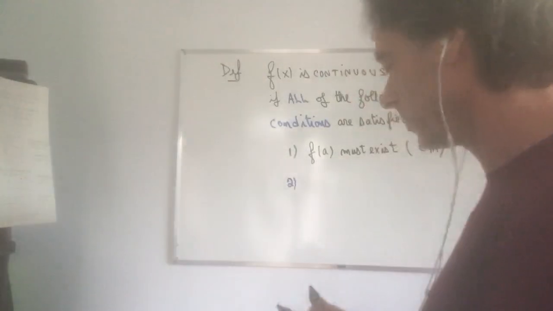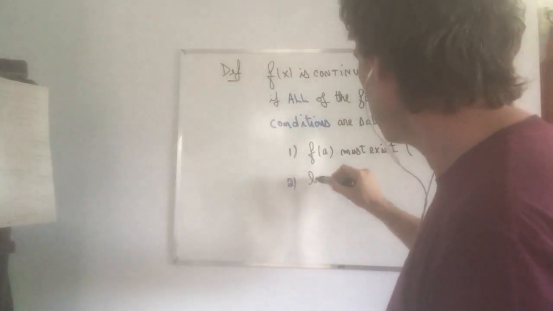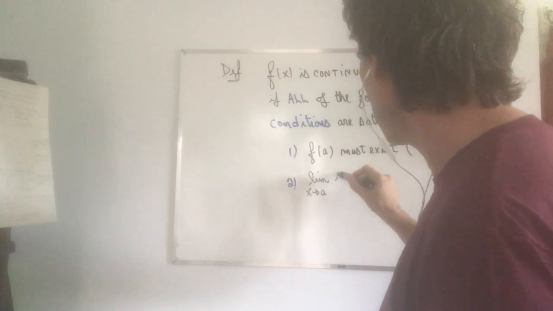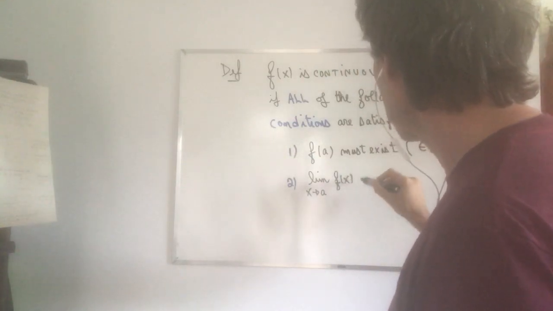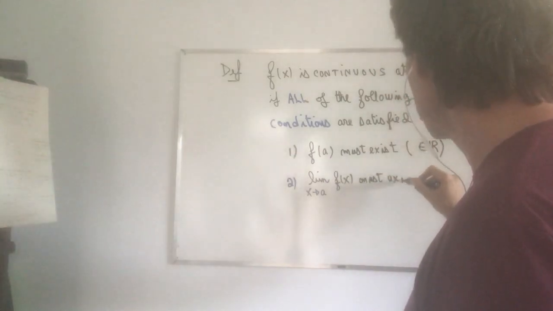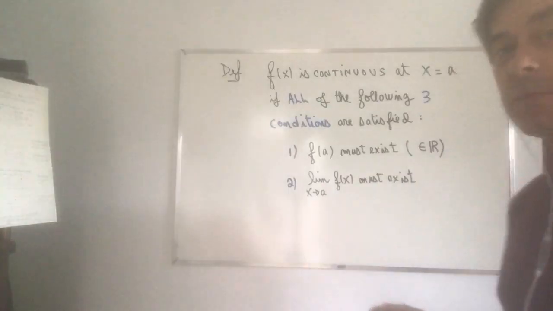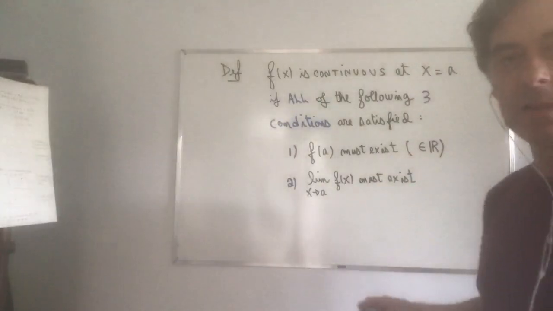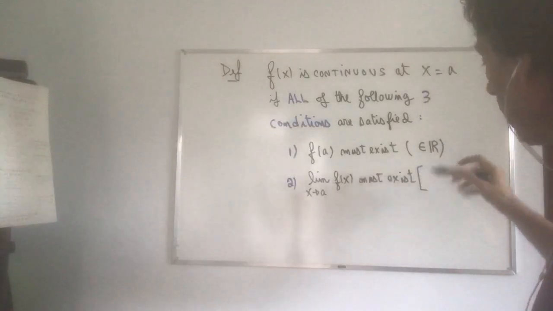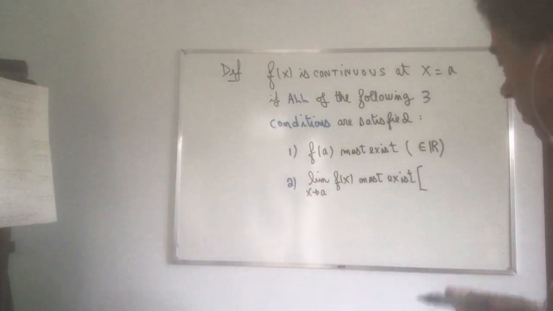The second condition has to do with the concept we studied in the previous chapter. The limit as x approaches a of f of x must also exist. Now you remember what that means, right? If you answered that the left limit is equal to the right limit, then you are correct.